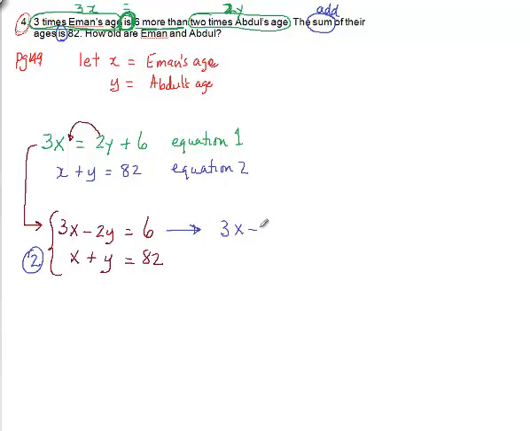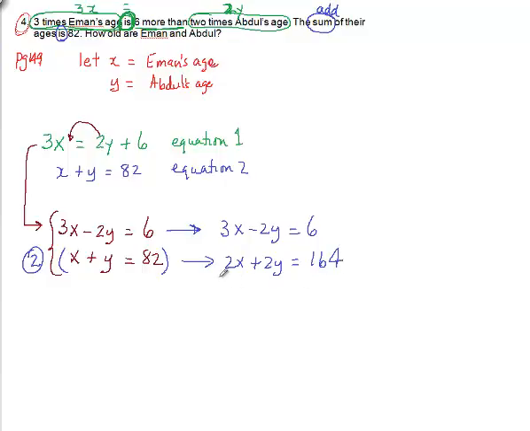Okay, so it'd be 3x subtract 2y equals 6, and multiply the whole equation by 2 on the bottom. So 2 times x, of course, is 2x. 2 times y is plus 2y, and 2 times 82 is 164.